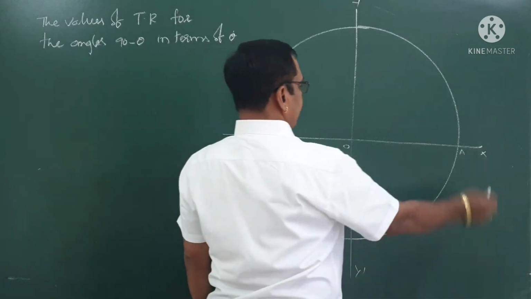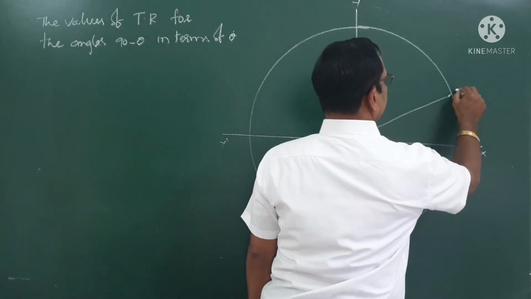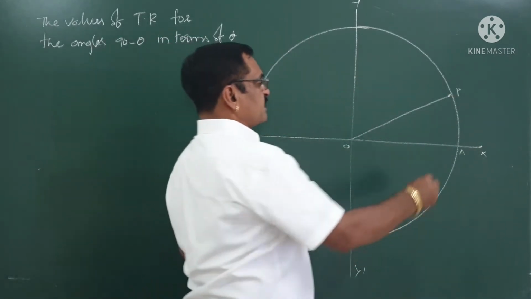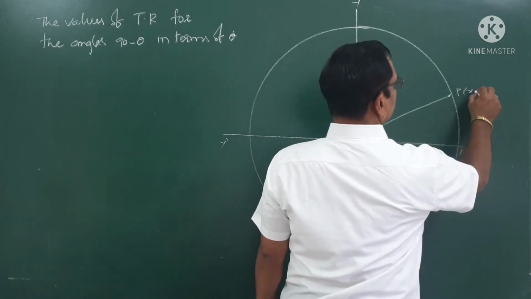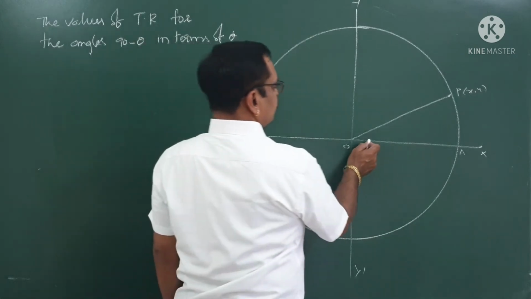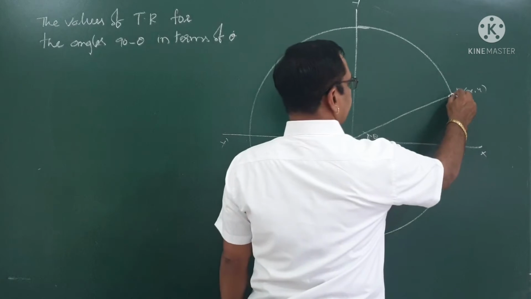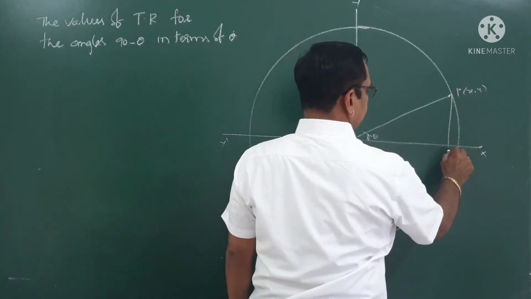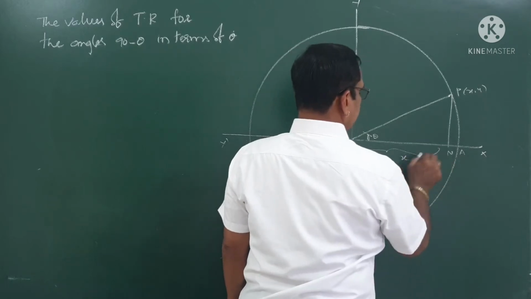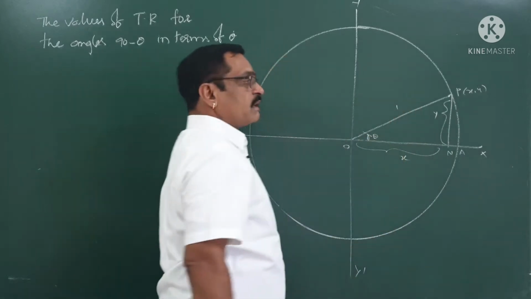OA rotates through an angle theta and reaches the position P. Now, the coordinates of P are x comma y. This angle is equal to theta. Draw a perpendicular line from P to N. Therefore, my ON will become x, my PN will become y, and OP is equal to 1.